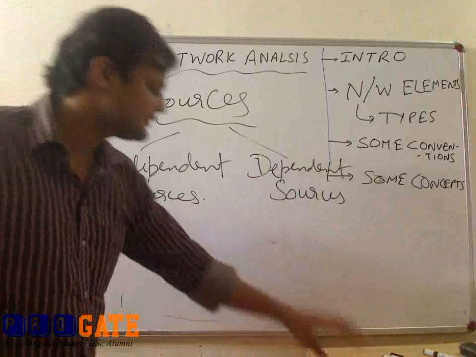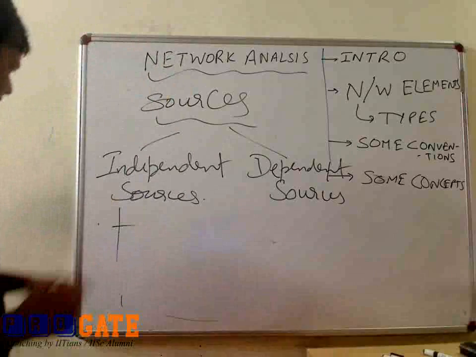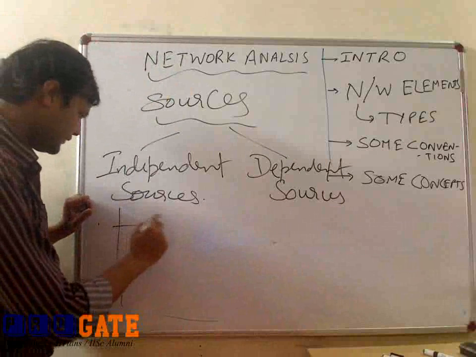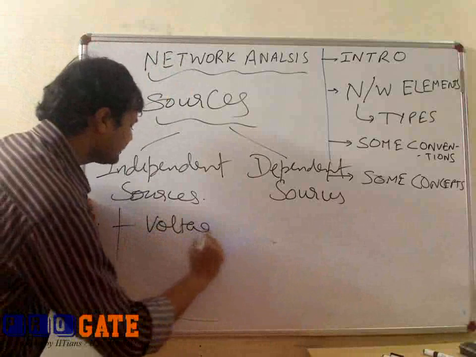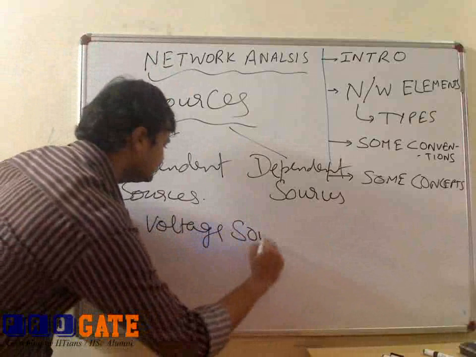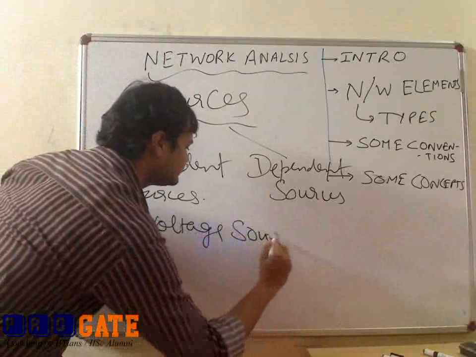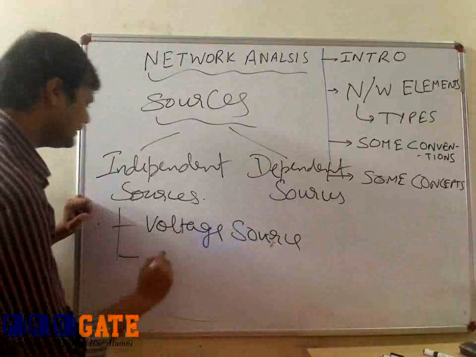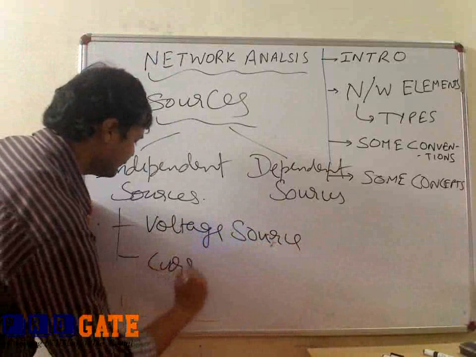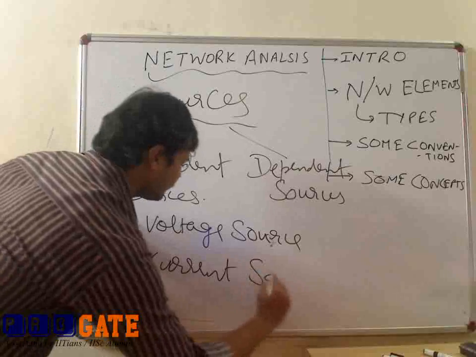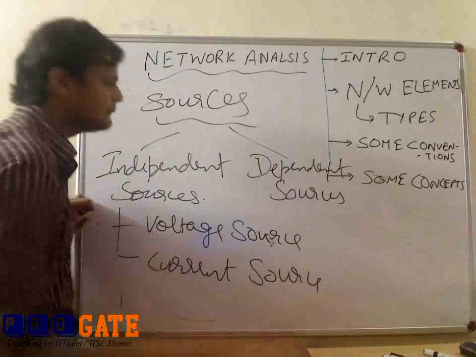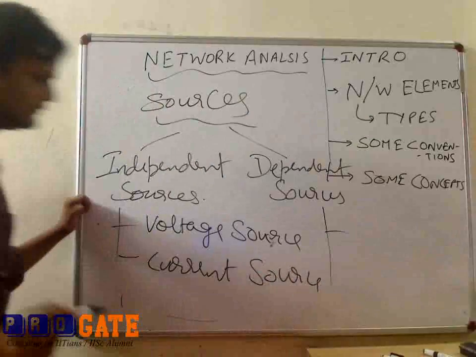So these are known as dependent sources. Generally, they may be a voltage source and a current source.